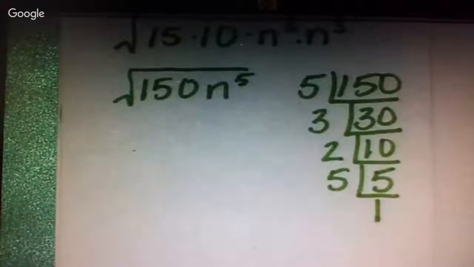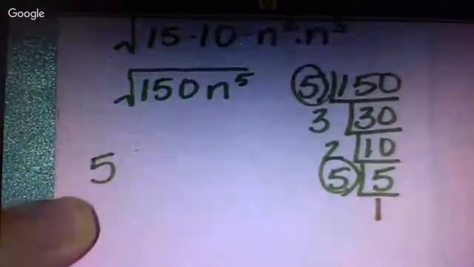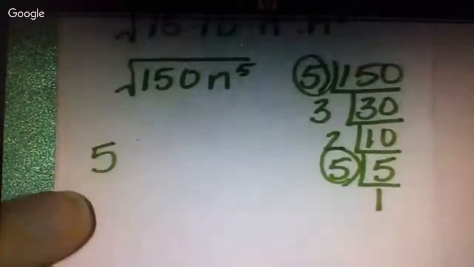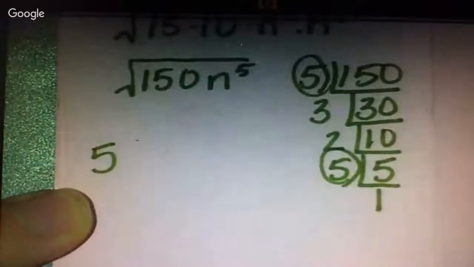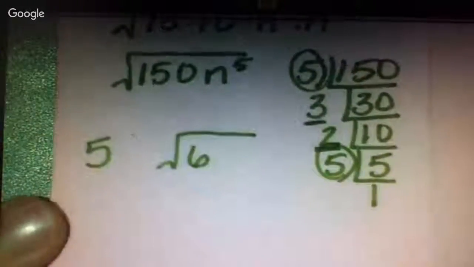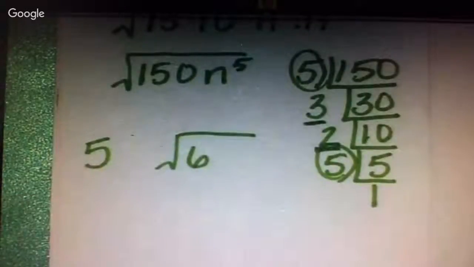So what goes out front? The 5. Even though they're not side by side, I still have 2 of them. So this 5 comes out front. What goes back underneath? 6. Remember, you've got a 3 and a 2 left over, and 3 times 2 gives me 6.